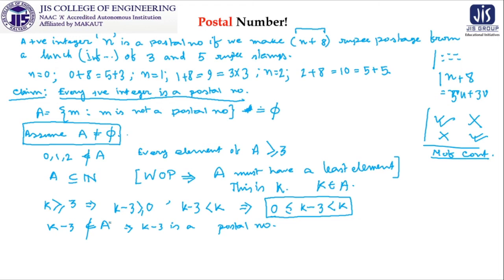So K minus 3 must be a postal number. So if K minus 3 is a postal number, then we can write K minus 3 is also in the form of 5u plus 3v, and now purely mathematical steps are coming.